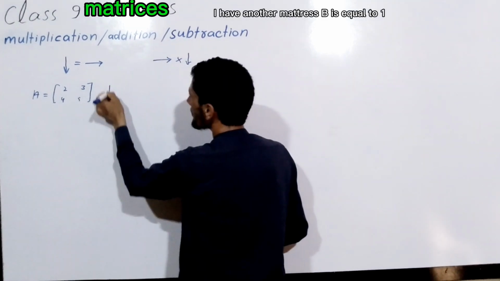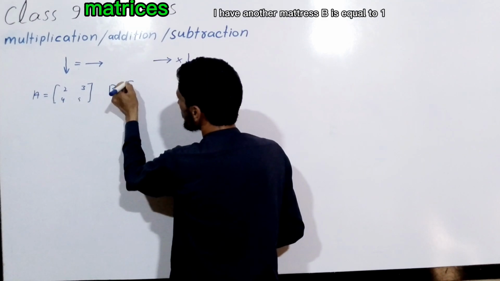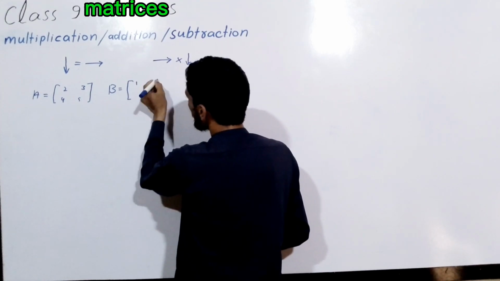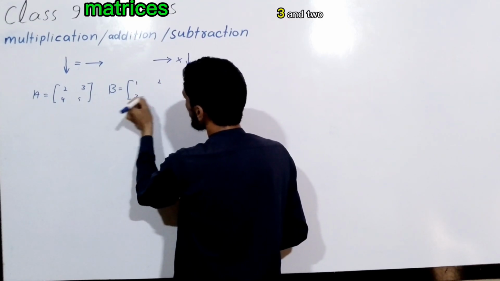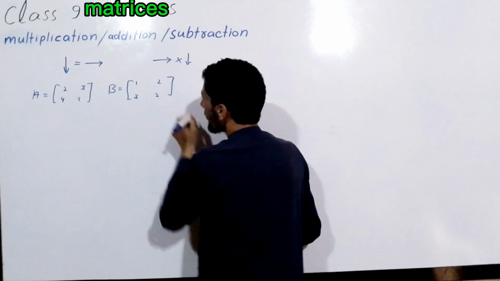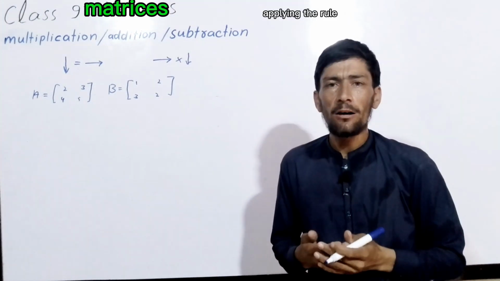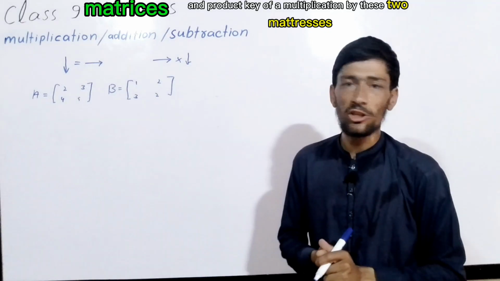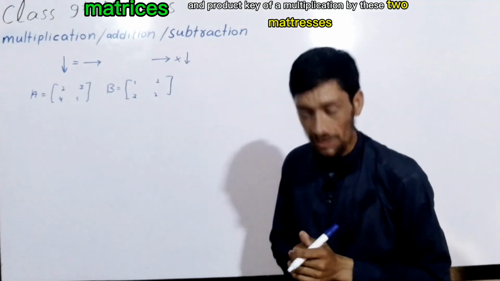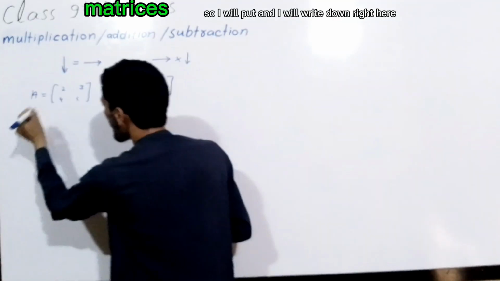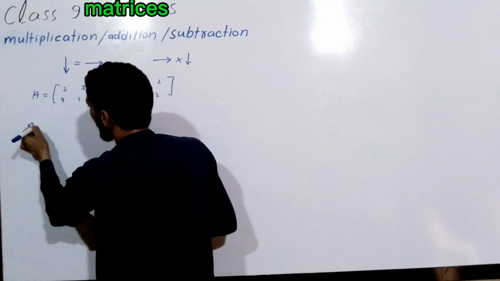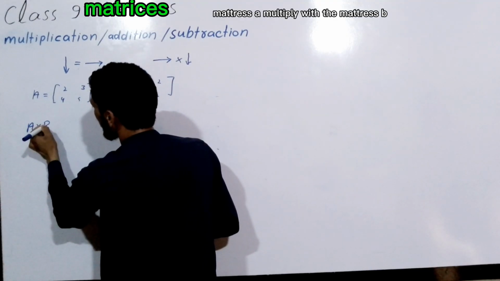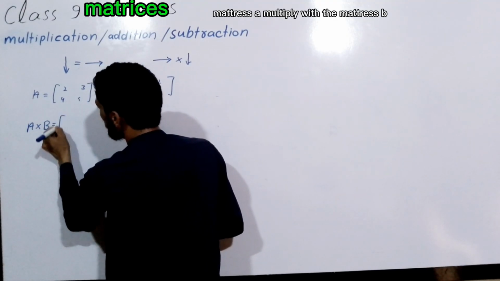I have another matrix B equal to 1, 2, 3, and 2. Applying the rule of multiplication to these two matrices, I will write down matrix A multiplied with matrix B.